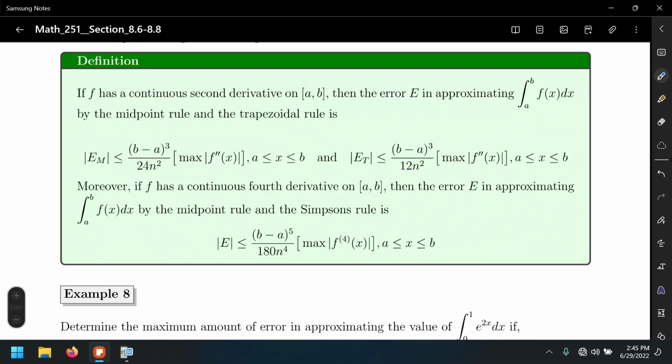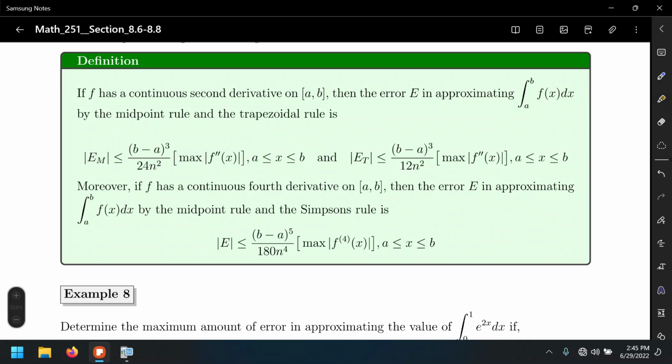In this case, we use these absolute value bars because, for example, if we're getting a value, that means that value is plus or minus some margin of error, right? So we need to look at both endpoints of the error, and it's given by this expression, b minus a cubed over 24n squared, times the max of the second derivative, and the max of the fourth derivative for the error approximating using the Simpson's rule.